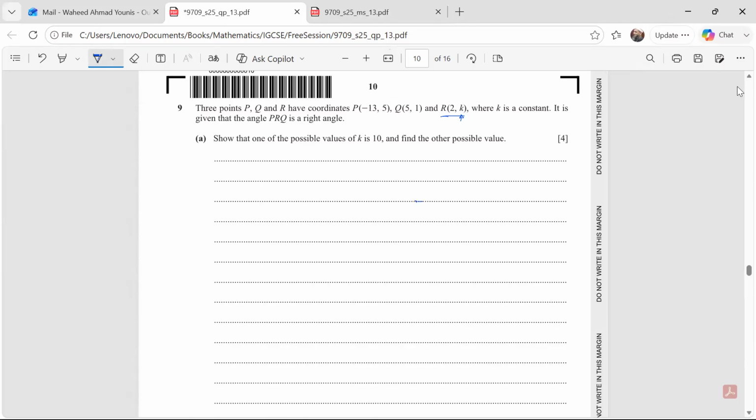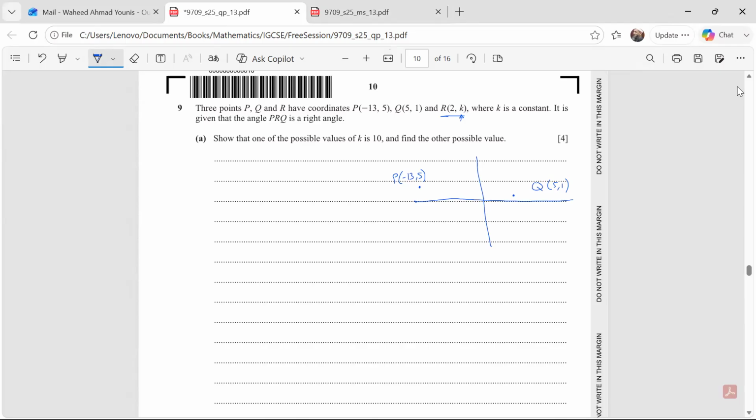Let's have a rough idea of the situation here. There's one point, minus 13 and 5. This is P. The next point, 5 and 1, is point Q. And R is 2 and k.